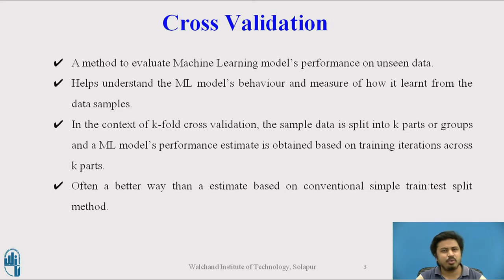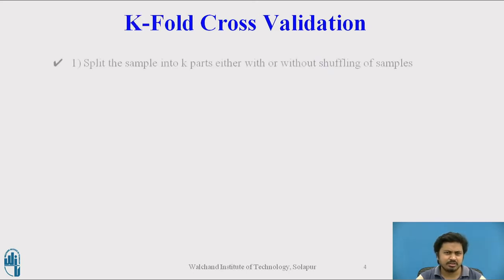So let us look at what exactly we mean by K-fold cross validation. The general procedure of K-fold validation goes this way. As a first step, we split the sample into K parts, either with or without shuffling of samples. When we have a data set containing a set of records, we split the data into K parts, where K refers to K fold.